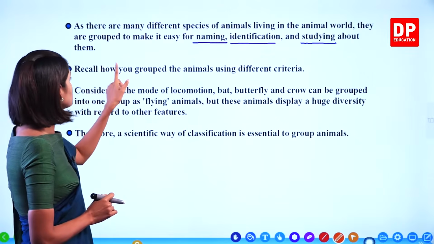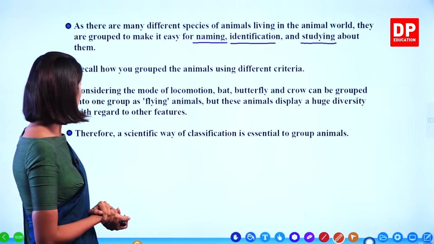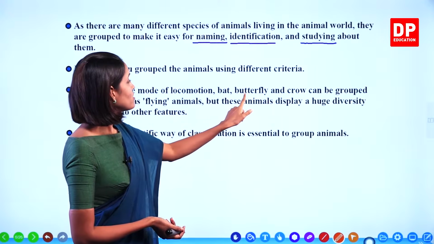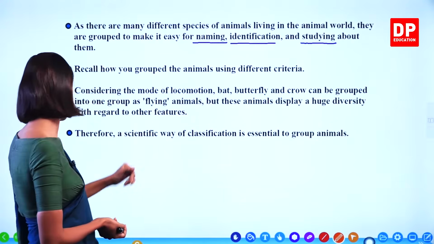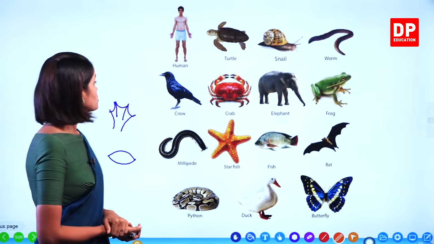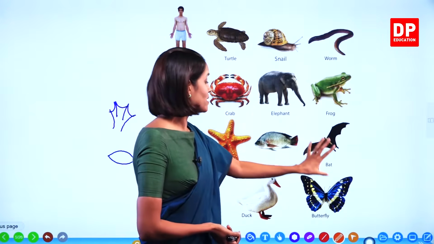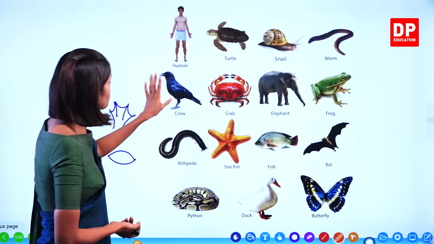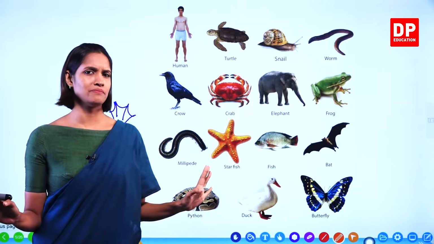So, recall how you grouped the animals using different criteria in our assignment, right? Considering the mode of locomotion, bat, butterfly, and crow can be grouped into one group as flying animals. We will go through this example again. I told you, when it comes to flying animals, crow, bat and butterfly come under flying animals. But actually when you look at the other features of crow, bat and butterfly, are they the same?